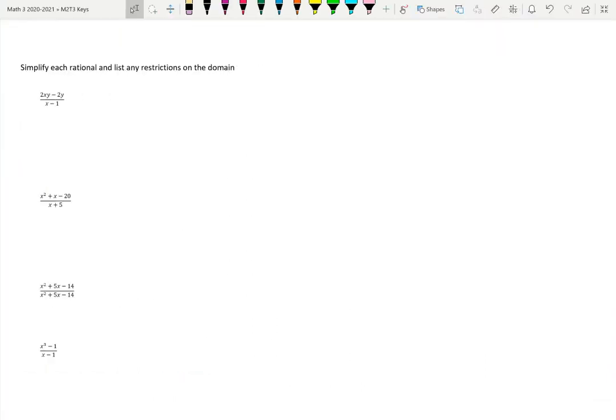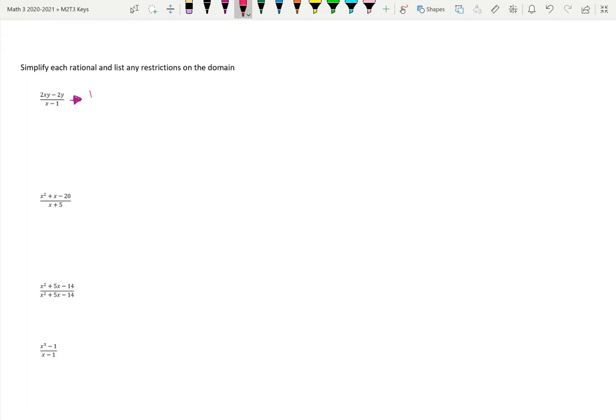All right, so I do want to understand that we have to do the restrictions on the domain first, but it's always important to look at our function as if it was in factored form. So in this first one, I see in the numerator, I'm going to factor out a common factor of y.